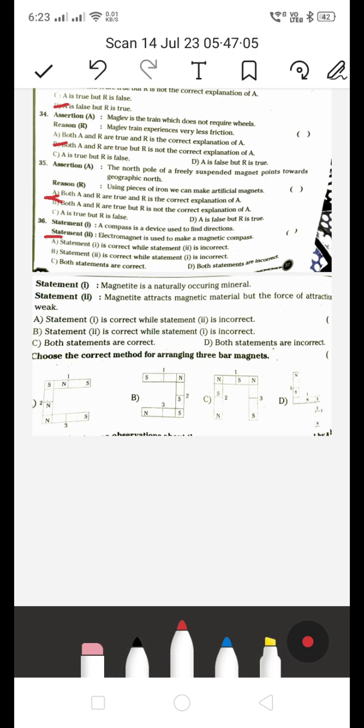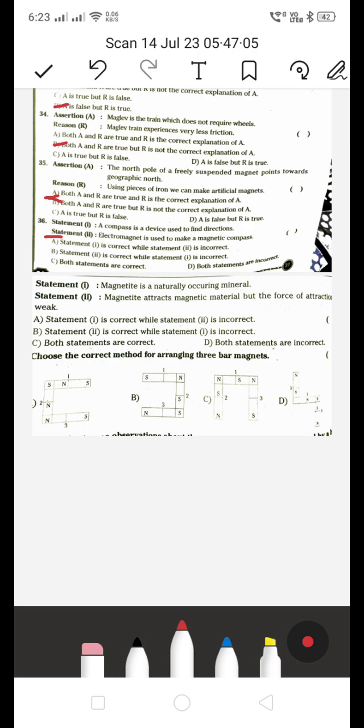And next one. Statement 1: a magnet is a naturally occurring mineral. Statement 2: a magnet attracts magnetic material but the force of attraction is weak. A, statement 1 is correct while statement 2 is incorrect. B, statement 2 is correct while statement 1 is incorrect. C, both statements are correct.